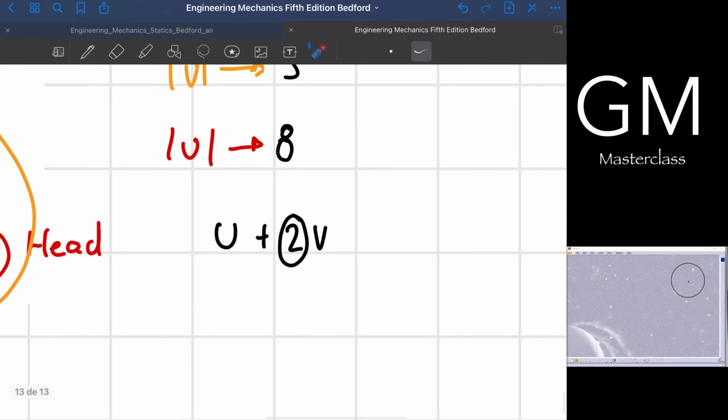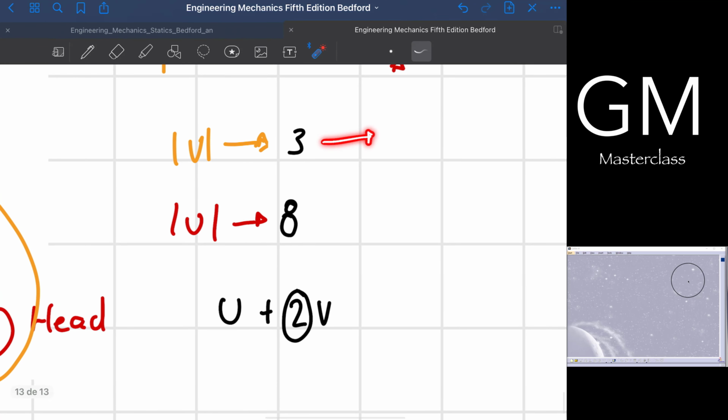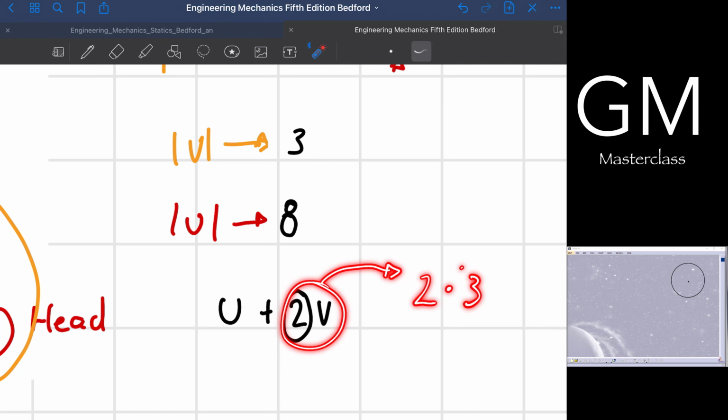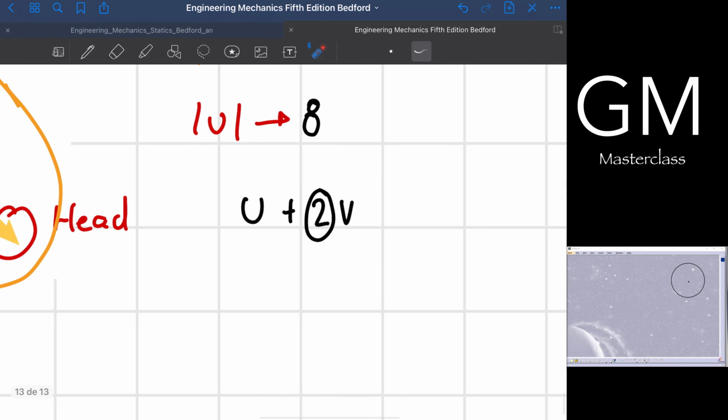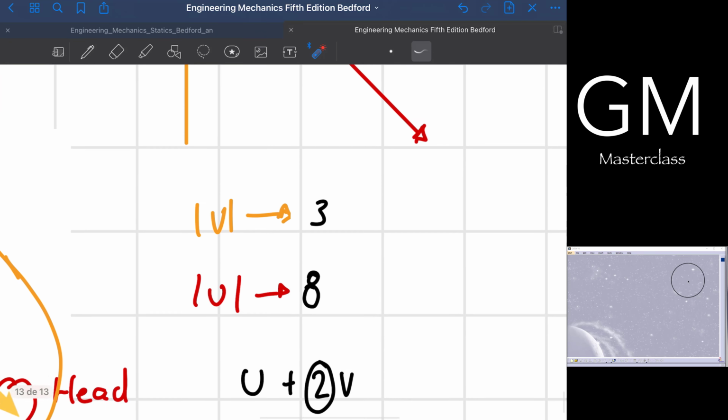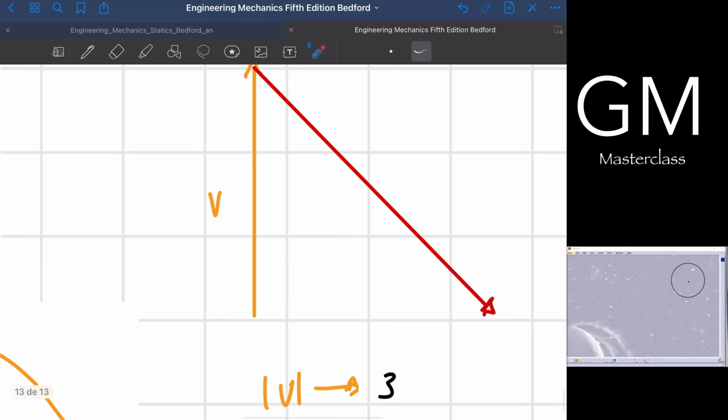So the magnitude of b is not going to be 3, well actually it is 3, but this part is going to be equal to 2 times the magnitude of b, which is 3, okay? So that is equal to 6. So in this case, this vector is not b, it is 2b, and that is equal to 6.